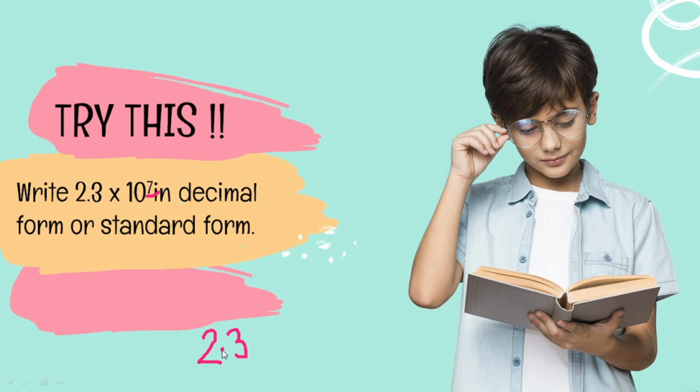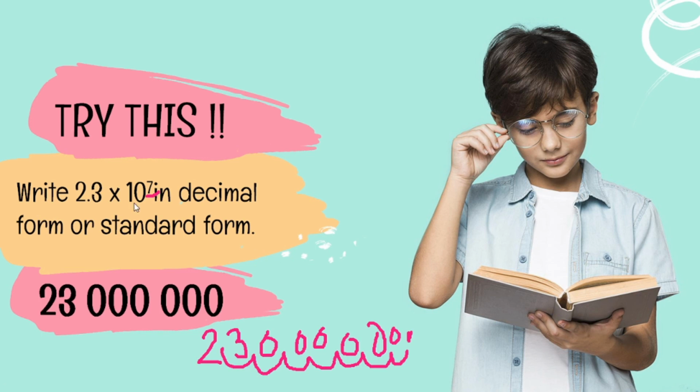So, we have 1, 2, 3, 4, 5, 6, 7. So, andun na sa dulo si decimal point. Ibig sabihin, magiging whole number yan. Kasi this is a very large number since the exponent is positive. So, dadagdagan natin ng 0 doon sa ating mga spaces. So, ilang 0 ang nadagdag natin? Tingnan natin. So, we have 1, 2, 3, 4, 5, 6. So, therefore, ang ating 2.3 times 10 raised to 7 ay equal sa 23 million.